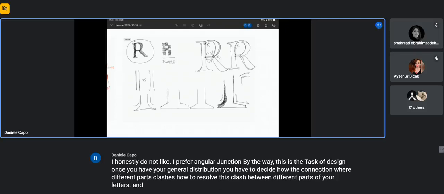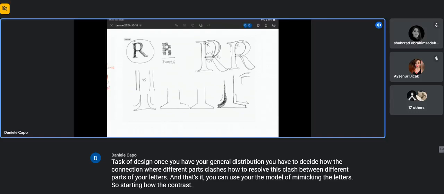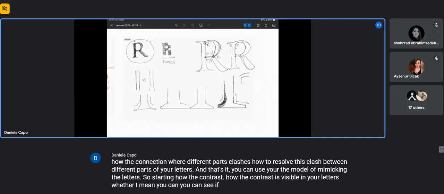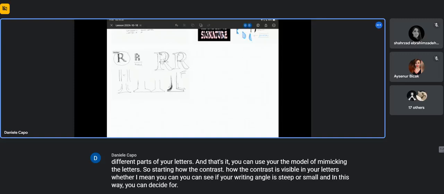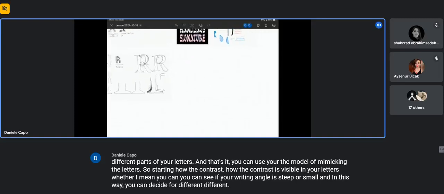And that's it. You can use the model of mimicking the pen, studying how the contrast is visible in your letters, whether your writing angle is steep or small, and in this way you can decide for different styles.